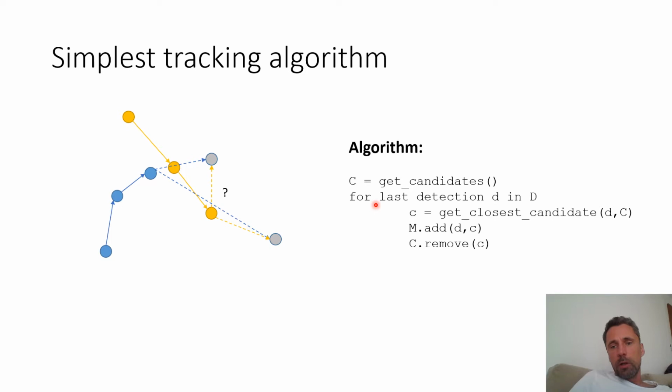And then we'll continue. So the remaining detection in our set D would be the yellow one, and the only candidate left would be this one. And then you would find the proper mapping.